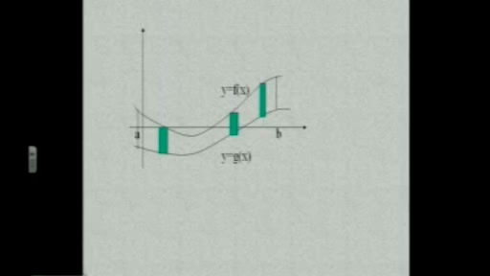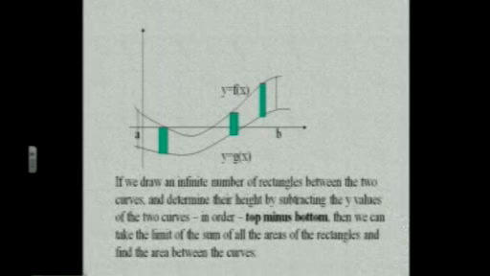And we go all the way from a over to b. So if we draw an infinite number of rectangles between the two curves, starting over here at a and ending at b, we're always going to get the height of each one by subtracting the y values in order, top minus bottom. Again, f minus g, and this would represent our height.